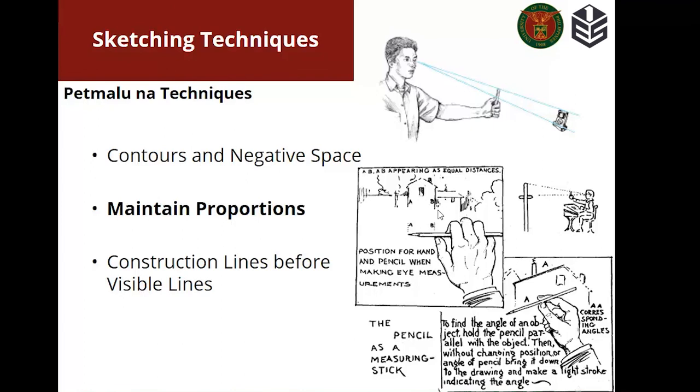While if you want to get the side from A to this point, C, you could also use your pencil to draw proportionally. It's like a measuring stick. And to be able to draw a good sketch, you could use your pencil as the measuring stick.